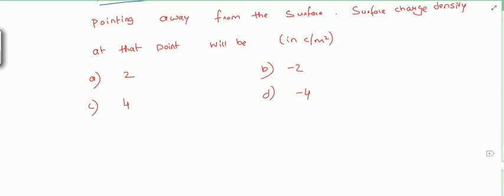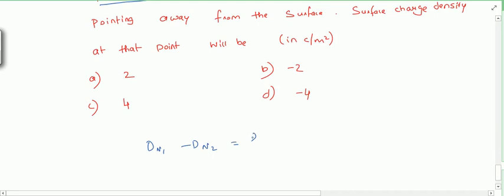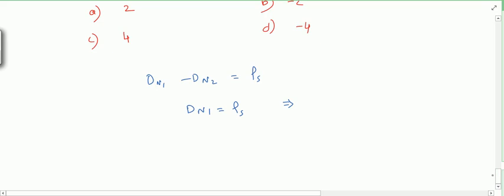So you know that on a conductor surface dn1 minus dn2 equals rho s, right? And suppose this medium 2 was the conductor, so dn2 will be 0, so dn1 will equal rho s. Here dn1 is given and we have to take its magnitude.